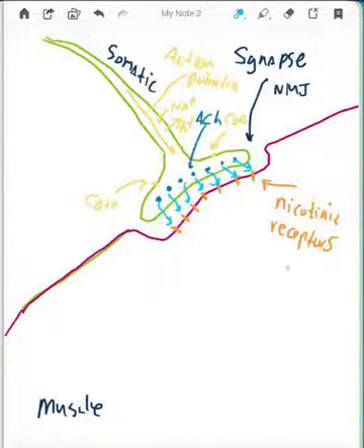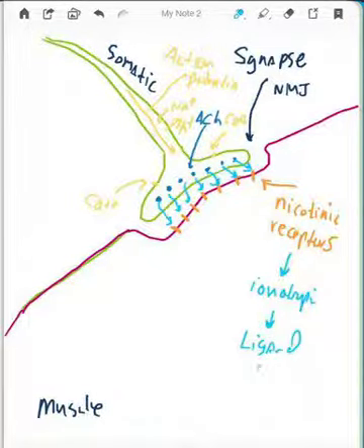And remember, we also said that the nicotinic receptors are ionotropic. Specifically, they are ligand-gated ion channels. So what's going to happen is the acetylcholine is acting like a ligand.